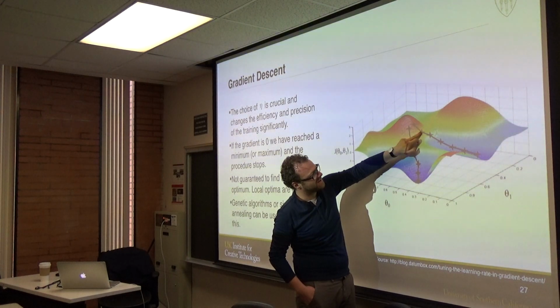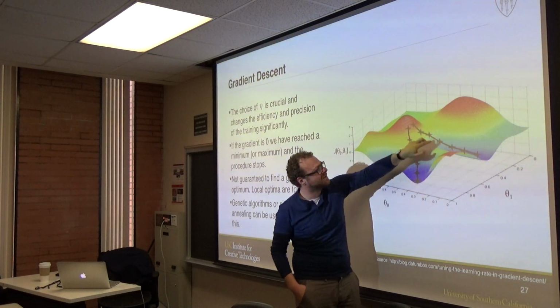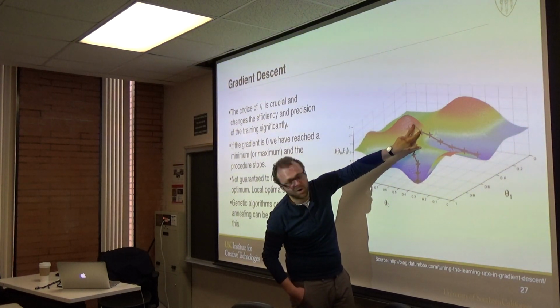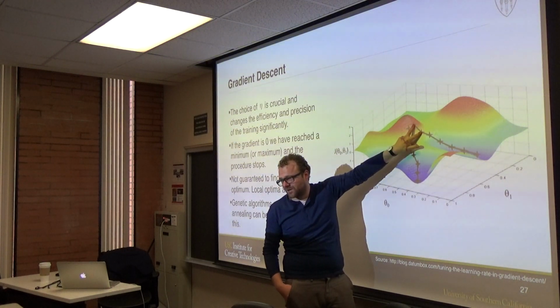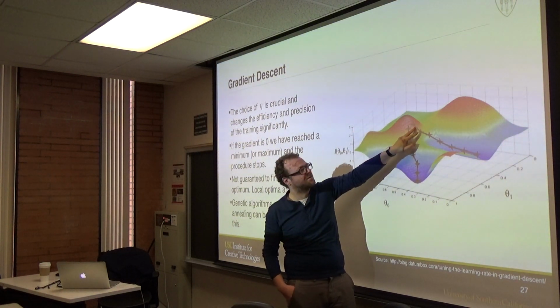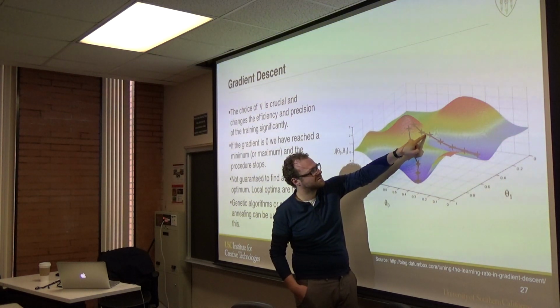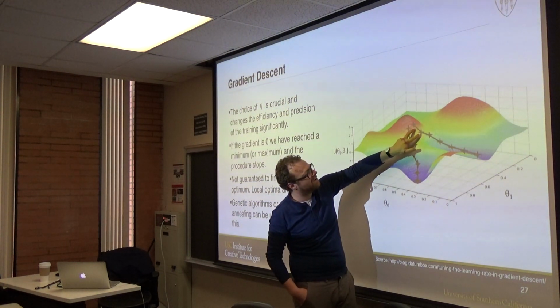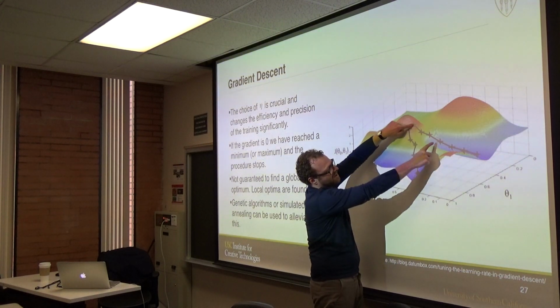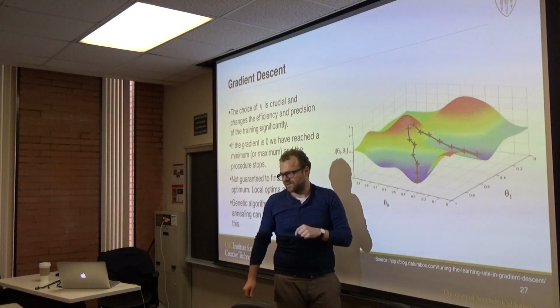This is the direction which goes down the hill. And how far I walk depends on the eta value. If the eta is very small, I would walk minimal steps like this. And if it's very large, I can walk from here to here, etc.